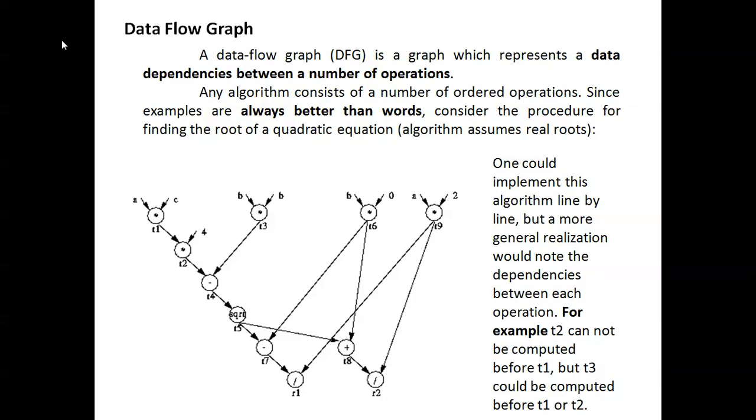For example, T2 cannot be computed before T1, but T3 could be computed before T1 or T2. So just by looking at the graph you can understand the process. This is a betterment over words.